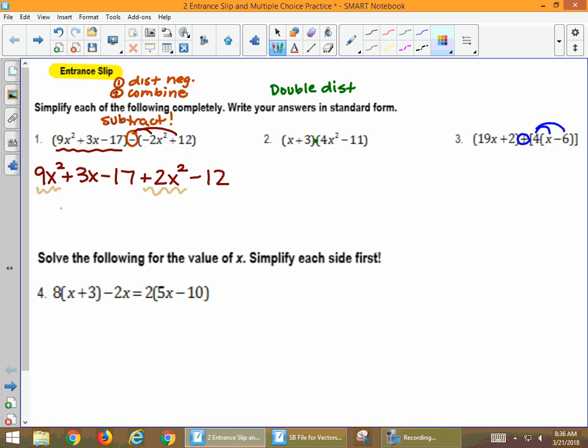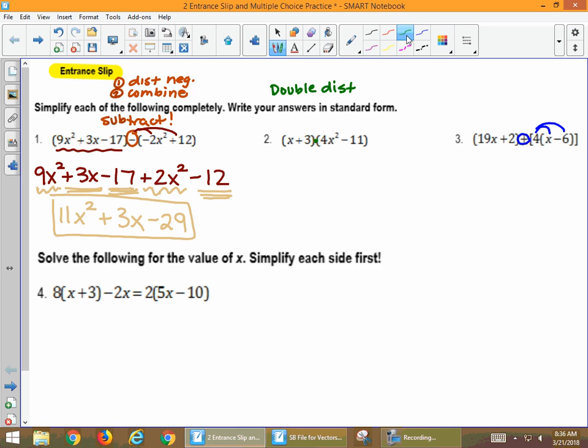So 9 plus 2 is 11x squared. 3x doesn't have any like terms, so it just needs to be brought down. And then negative 17 plus or minus 12 is negative 29. And that's your final answer there. So the sign in the middle tells you the operation that you're doing.